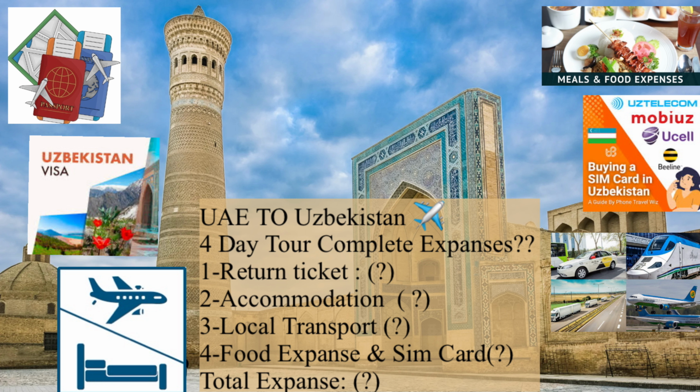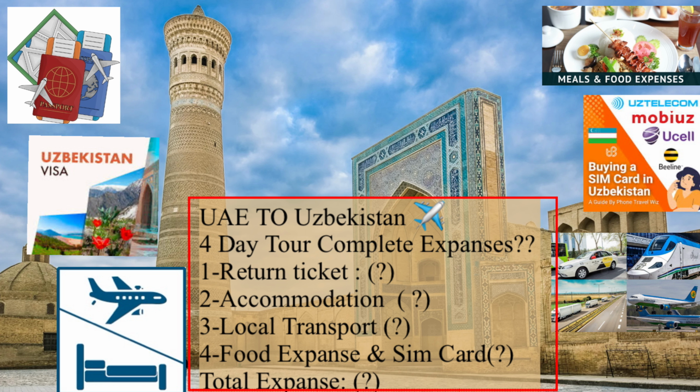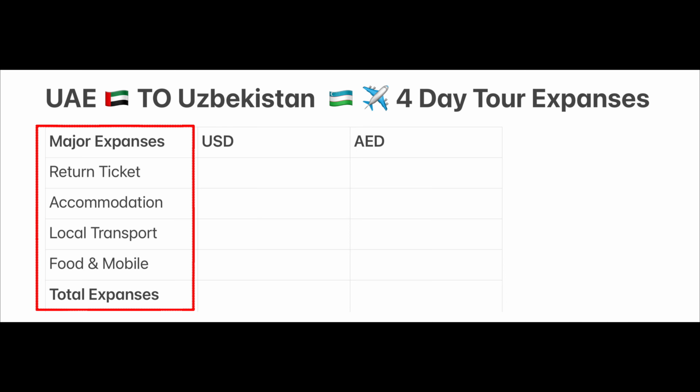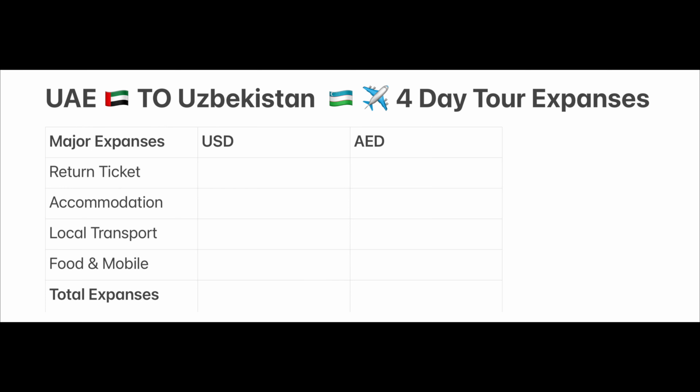Now we move towards the last point, the most interesting part of this video. We will create one real 4-day trip from UAE to Uzbekistan, including return tickets, accommodation, local transport, food and mobile. All the major expenses we will cover.